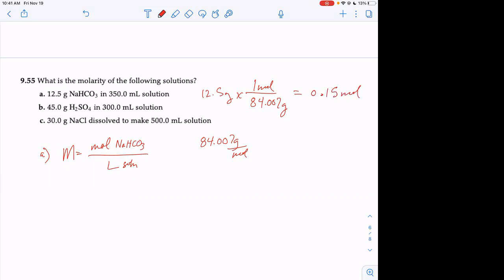Okay. Yep, milliliters to liters. So molarity is going to equal 0.15 moles divided by, so we take that 350 divided by 1,000, convert to liters, it should be 0.35 liters. Okay. So what's our molarity?